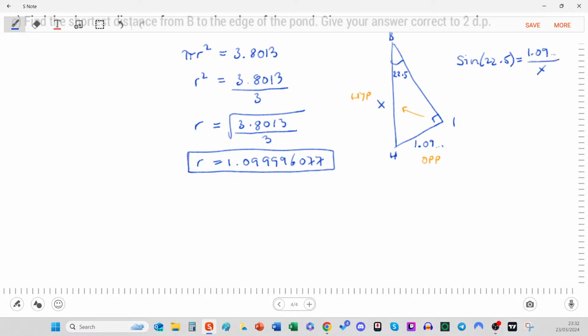There's a neat little trick where you can do these equations in two steps if you want, multiplying both sides by x and then dividing by sine 22.5. But you get used to seeing that these two just switch around. So in this case, x equals 1.09 dot, dot, dot, divided by sine 22.5.